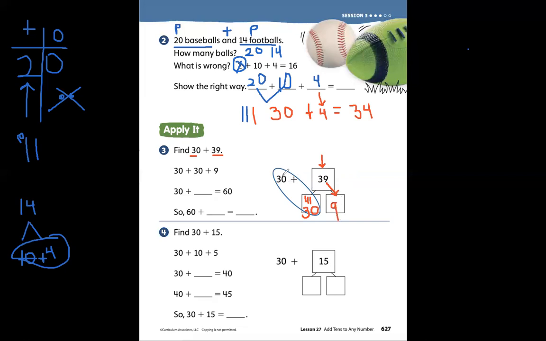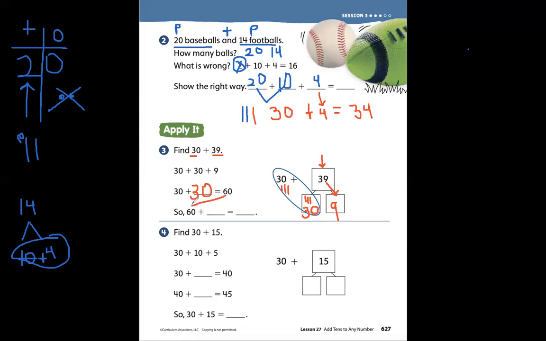Now we can add both groups of tens. We have 30 plus another 30, which equals 60.